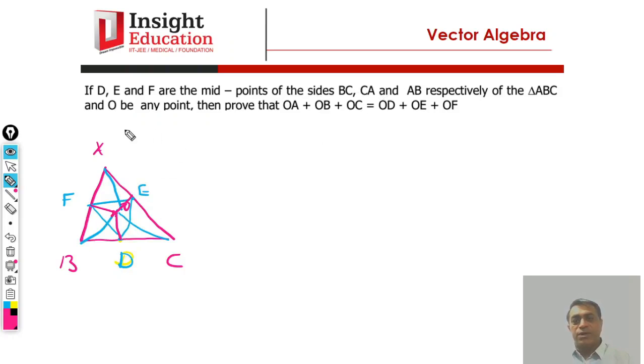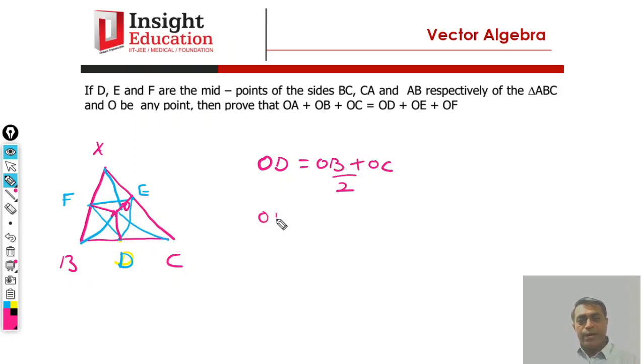Now D is the midpoint of BC, and I have to find the relation between OA, OB, OC and OD. So first I have to focus on point D. OB and OC, point D is the midpoint. So the position vector of D, that is OD, is equal to (OB plus OC) divided by 2.